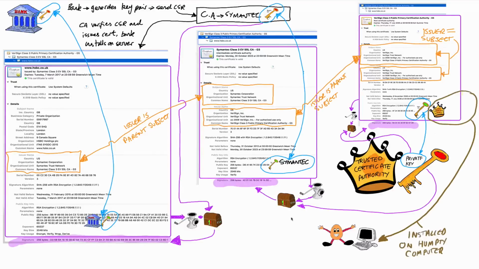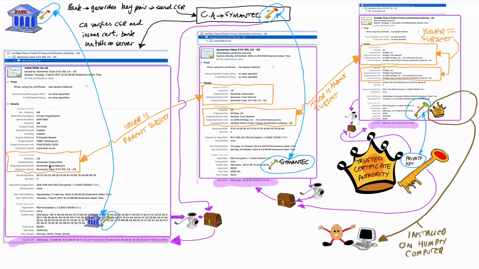What happens then is that Humpty Dumpty gets this certificate, and it says, okay, it's been signed using the bank's own private key, not Symantec's private key. So the signature is going to be the hash of the certificate encrypted with the bank's private key, and as usual, it's going to contain the bank's public key. So the first part of the validation is, as always, look at the issuer of the certificate.